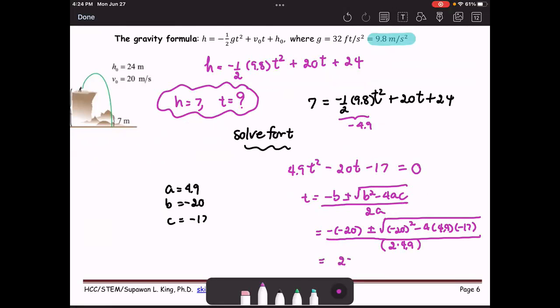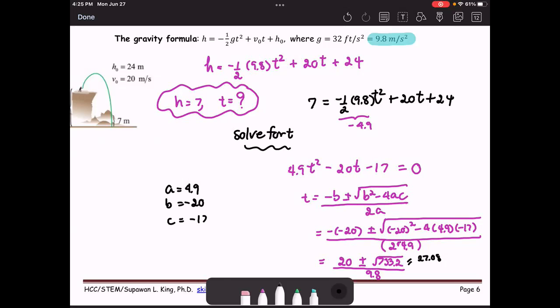And we get 20 plus or minus the square root of, simplified, 733.2, all divided by 9.8. The square root of 733.2 is approximately equal to 27.08.